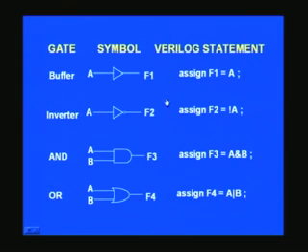Similarly, if you want an inverter, all you have to do is, instead of A, just invert. This exclamation mark is an inversion signal, and this is basically a logical inversion as such. You can use this very same symbol for multi-bit precision also. And here in this place you can use the symbol tilde, which is bitwise negation.